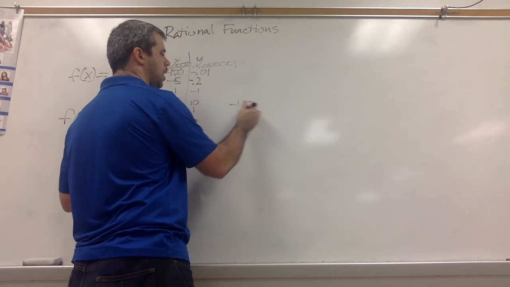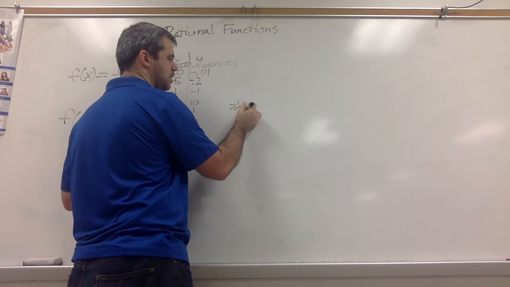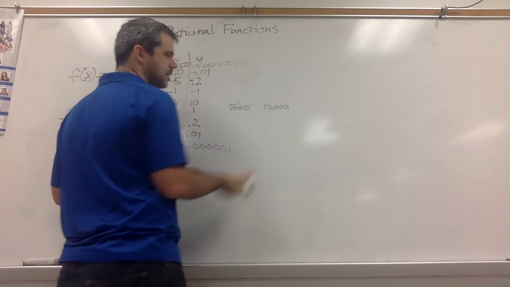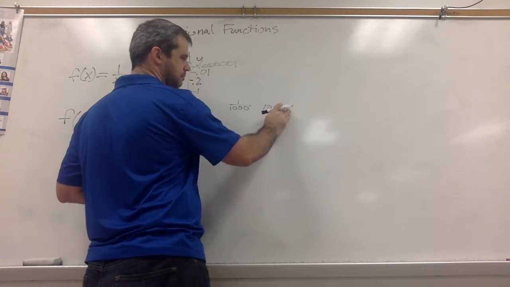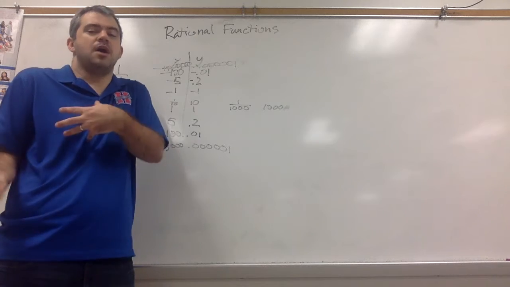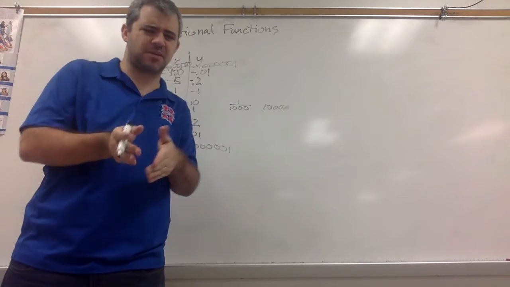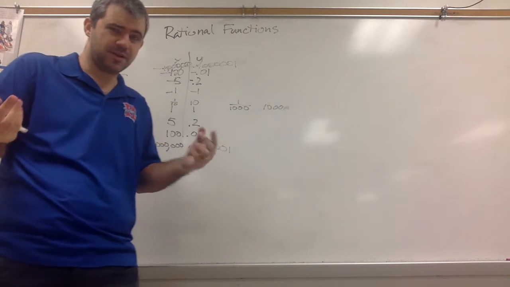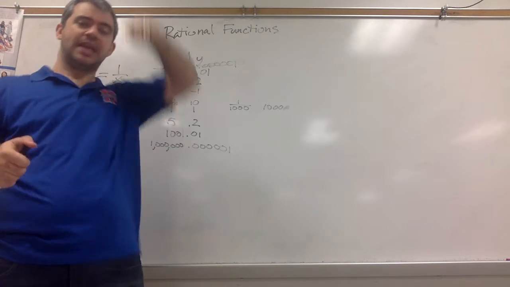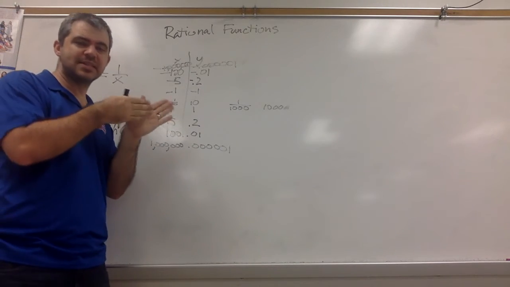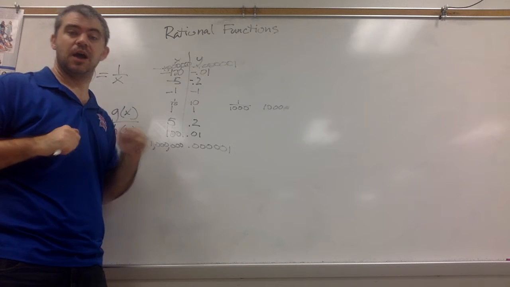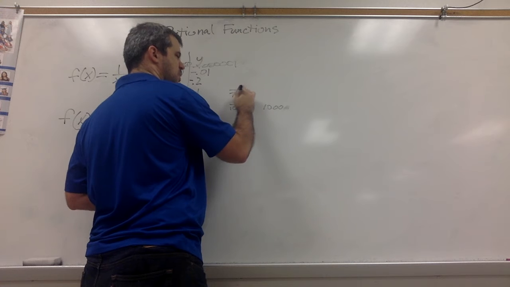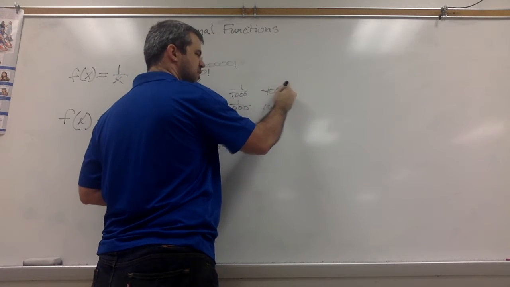If I did 1/1000th, we would get 1,000. If I did 1/1,000,000th, teeny, tiny, we're going to get 1,000,000. So the closer we get to 0, the higher we go, unless we're on the negative end. If I do 1 over -1/1000, that's going to be -1,000.